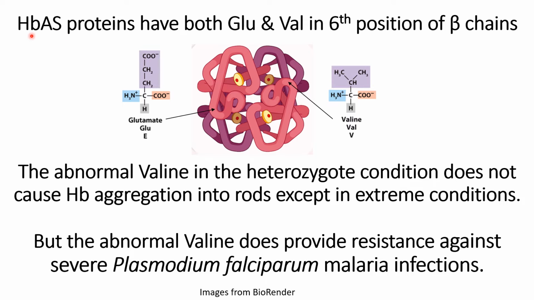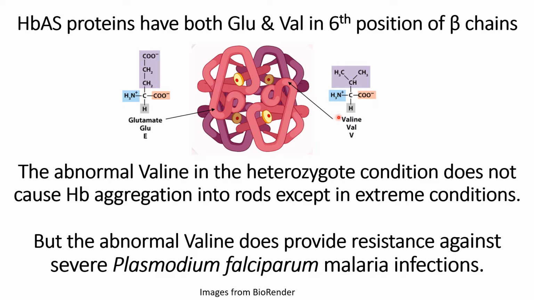So this slide shows the HbAs protein. So we have a hemoglobin here, and we can see if these are the brighter beta chains, that one is producing a glutamic acid, which is negative and wants to interact with the environment, and this is more typical, whereas the valine is the unlikely new mutation that occurs, and it is nonpolar, so it would not want to interact with the environment.